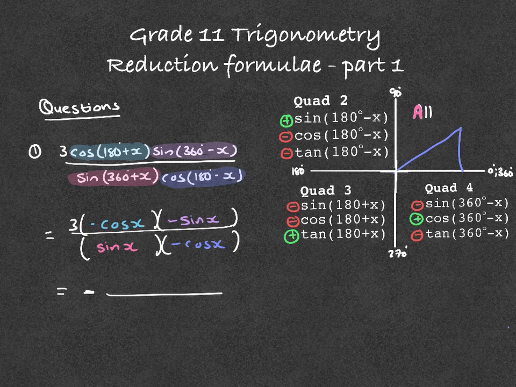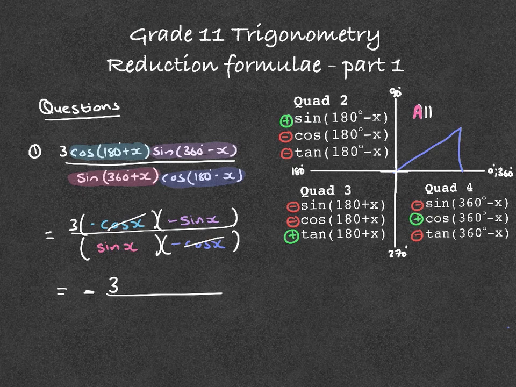So let's go for it. We've got a 3 there times. Now we don't need to worry about the negatives and positives, so this is all one term. What is cos x divided by cos x going to be equal to? That is going to equal 1. They don't cancel, they divide. There's no operation called cancelling. Cos x divided by cos x is 1.